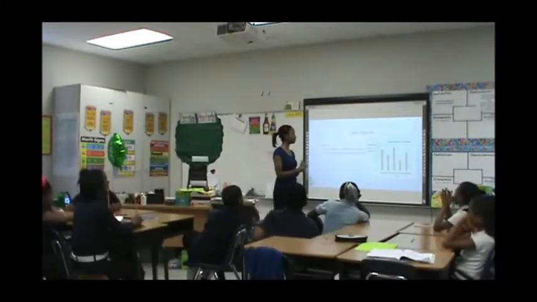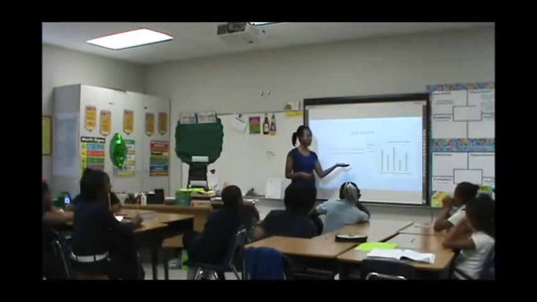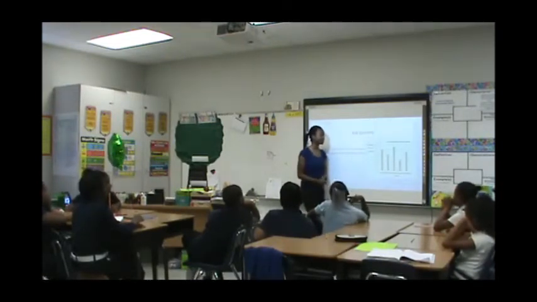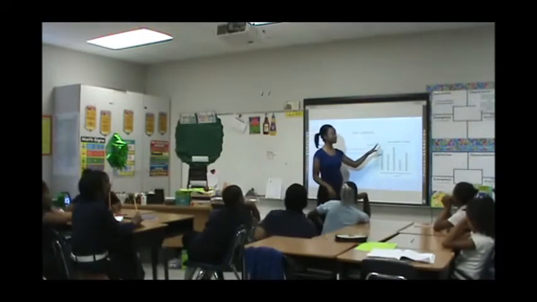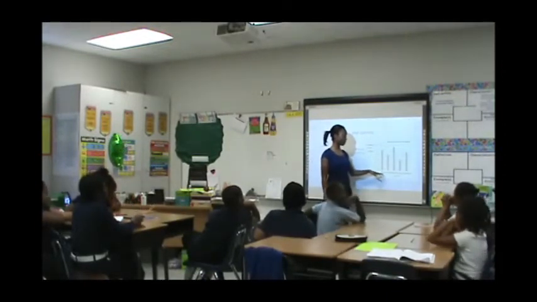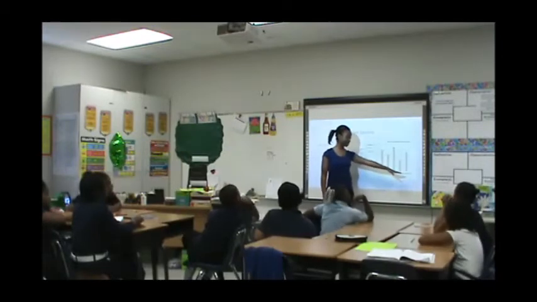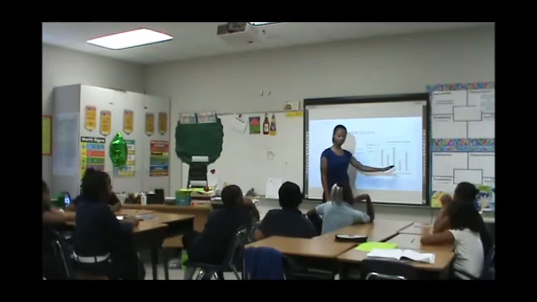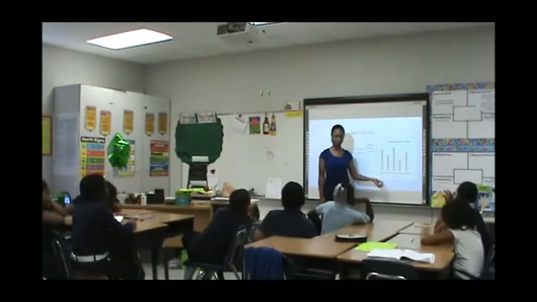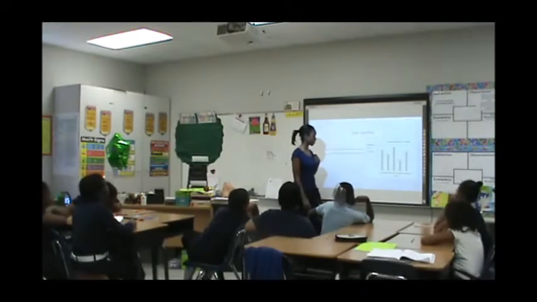It also shows the relationships between information. For example, this is a bar graph that I found. It is called sports played by third graders, and it has basketball, football, soccer, hockey, and baseball. All of these categories have different amounts, and we can compare the amount of students who play baseball to students who play football. Okay? So now we're going to make our own bar graph.